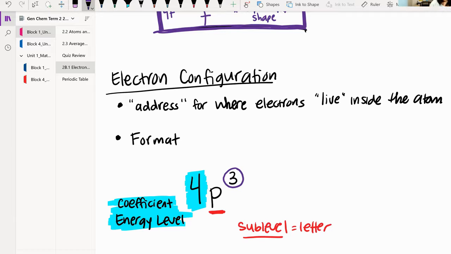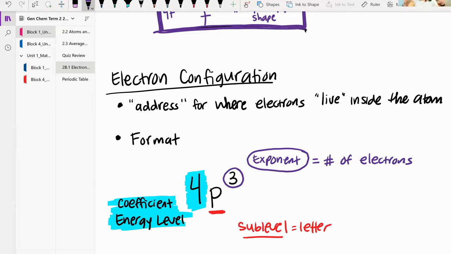That exponent that I've circled equals the number of electrons that live inside of that sublevel, located inside of that energy level.